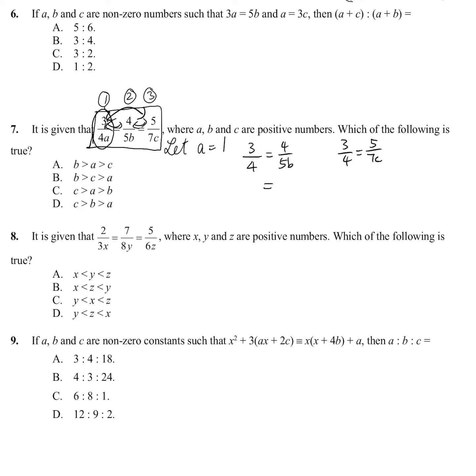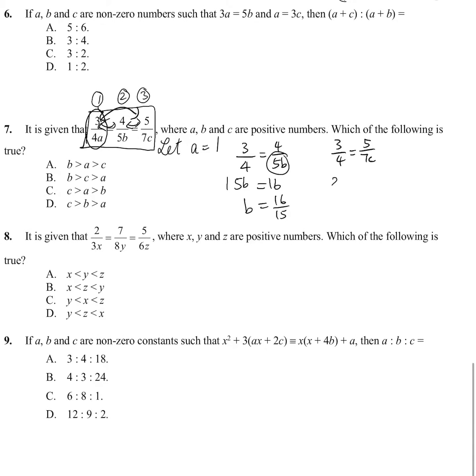And when I simply times this to the other side, it's 15B and then 16. So it's 16 over 15 as the answer for B. And then the same would happen on this side. 21C is equal to 20. So C is equal to 20 over 21.